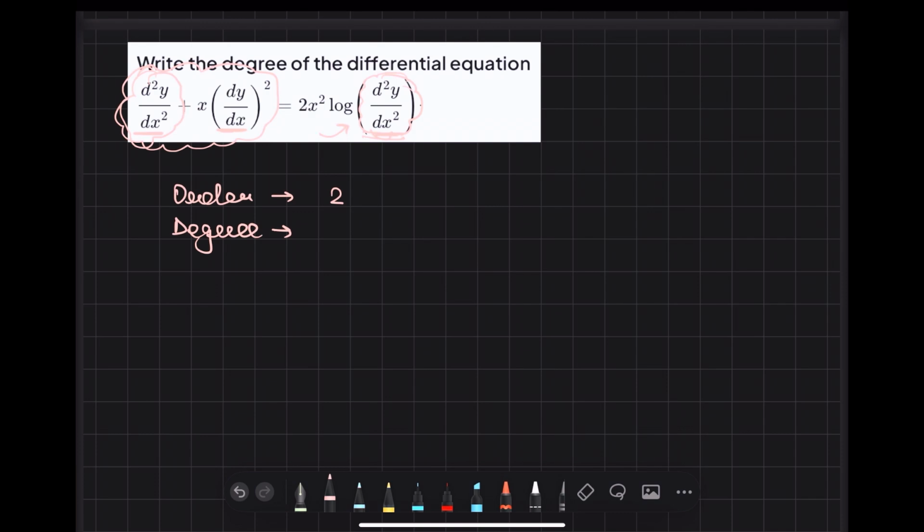So you cannot convert this question into polynomial form. For this question, degree is not defined. I hope it is clear, because you cannot convert it into polynomial, that's why its degree is not defined.